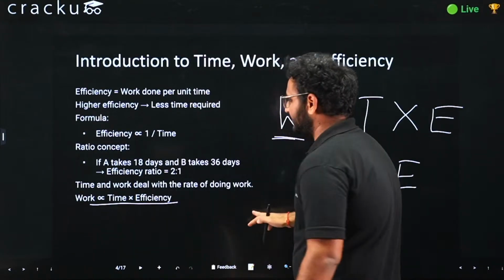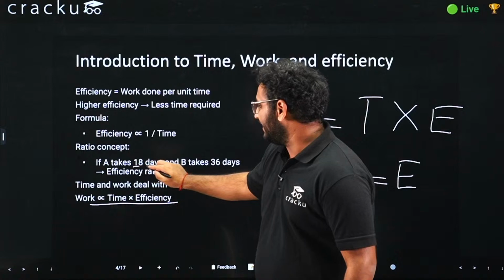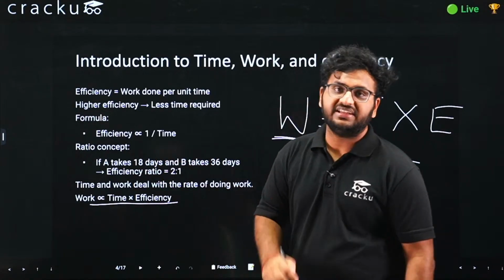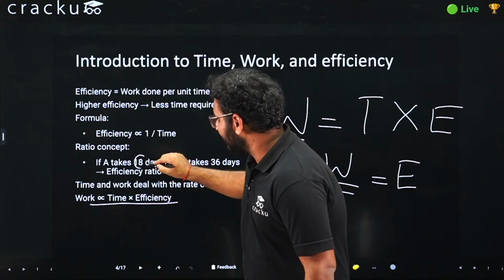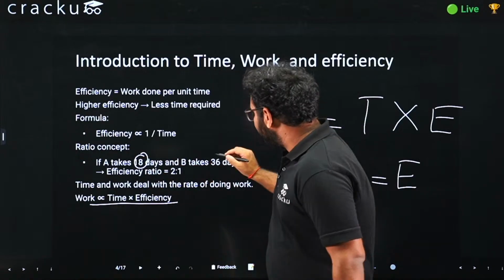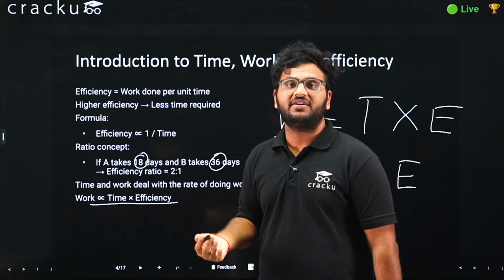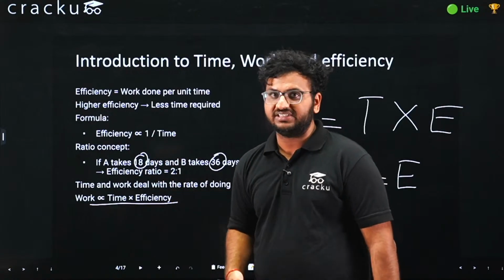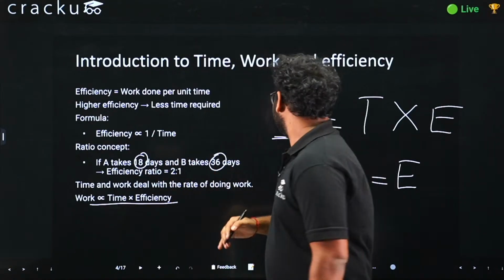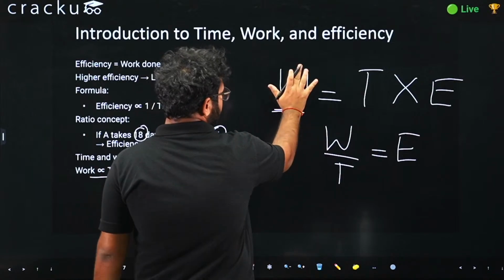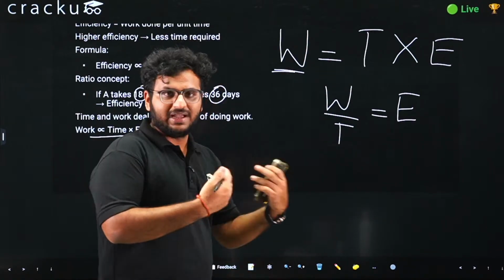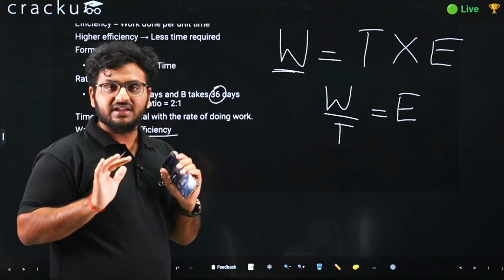So let us take an example. If A takes 18 days and B takes 36 days, then what would the efficiency ratio be? A is taking fewer days to complete a work and B is taking more days. Then obviously A's efficiency would be more than B's efficiency. If we keep work constant, the work done by my friend and the work done by me is the same.